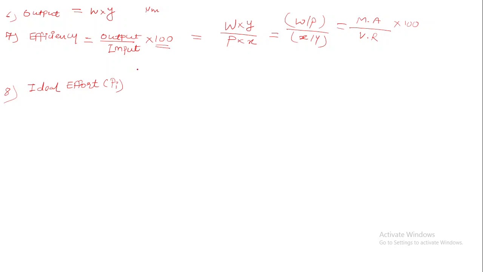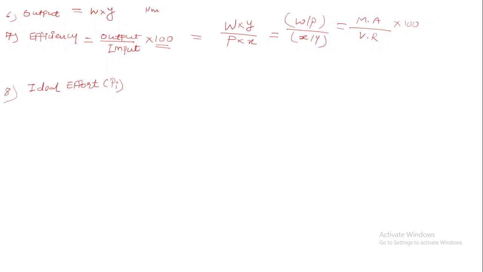Ideal effort Pi. The effort which is required to lift the load when there is no friction is called as ideal effort, right? In the absence of friction, what is the amount of effort required to lift the load?